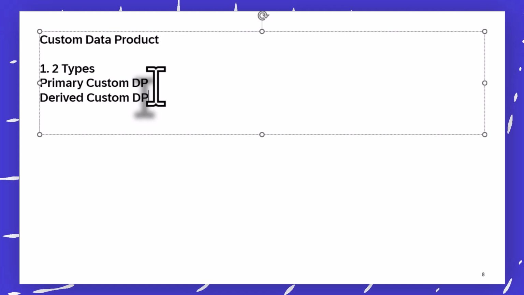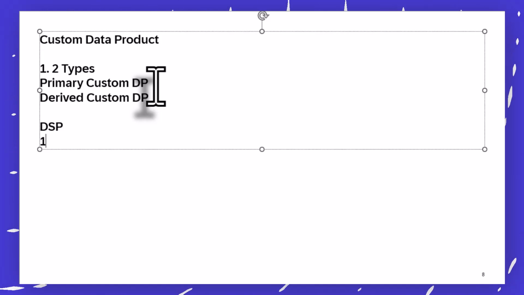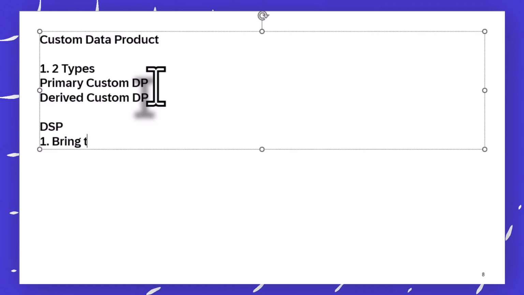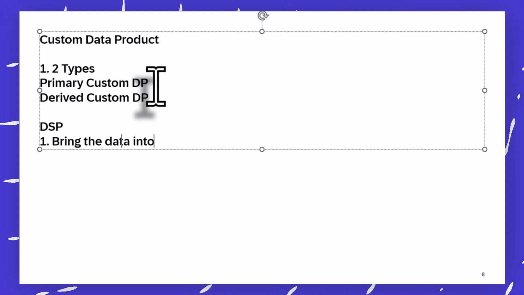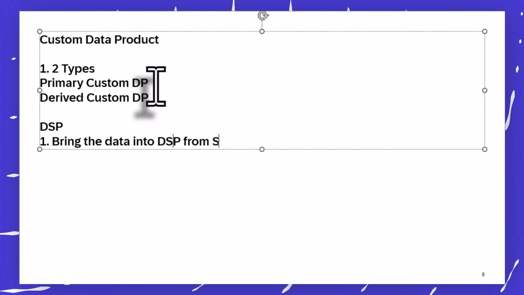Now, what is the tool I mentioned? Datasphere is the tool. How to do it? The first step is you need to bring the data into Datasphere, DSP, from your source system.